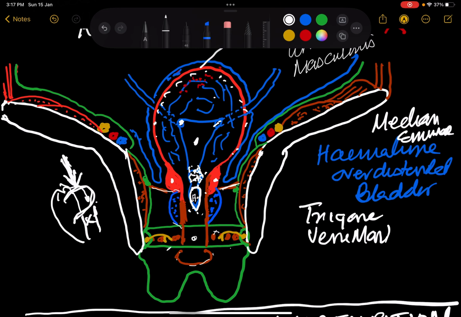So if you look at it from the side, you will see the perineal membrane, the deep perineal pouch, the superficial perineal pouch, including the testes, going into the penis also. So here is where the prostate is.